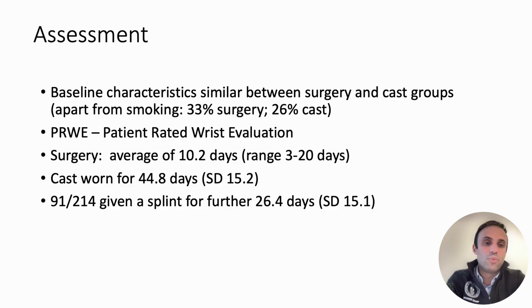And the patient-reported outcome measure of choice was the PRWE, or patient-rated wrist evaluation. Those that had surgery had it around 10 days post-injury, and those that had a cast wore it for 44 days. And 90 out of 214 had a splint for a further 26 days.